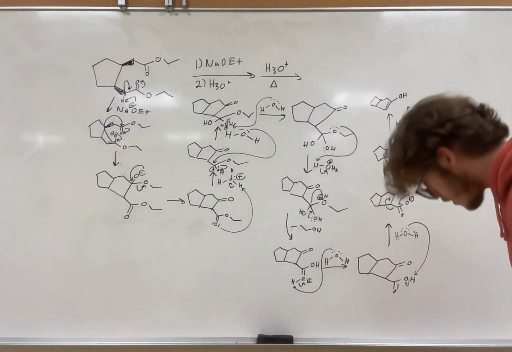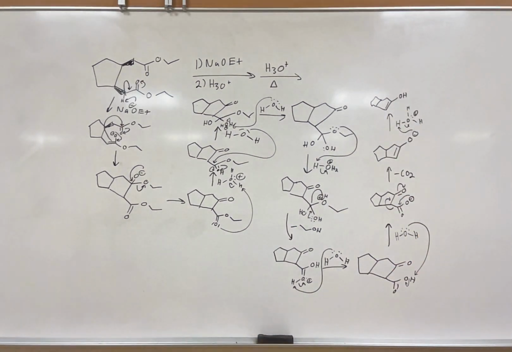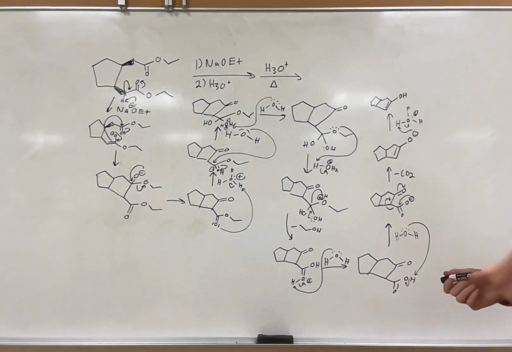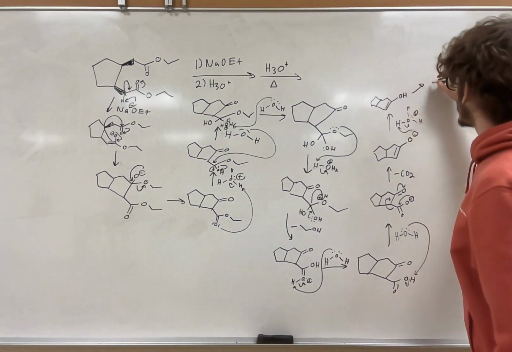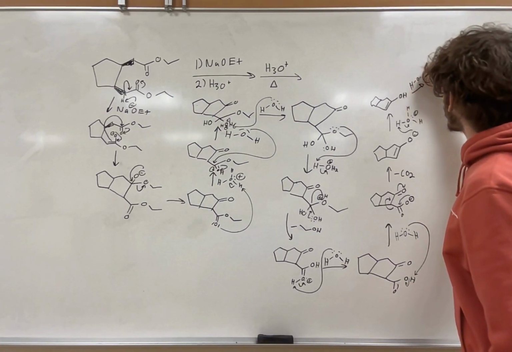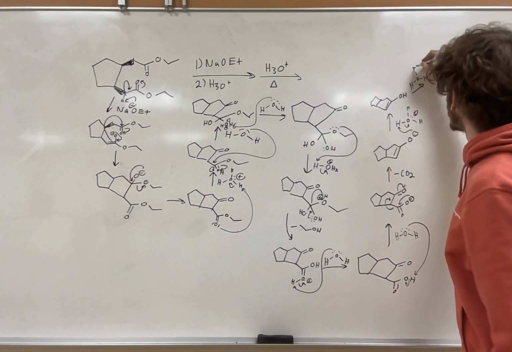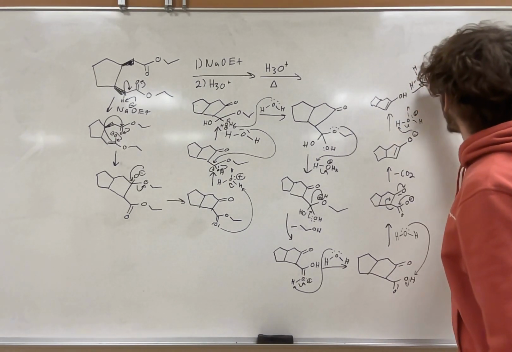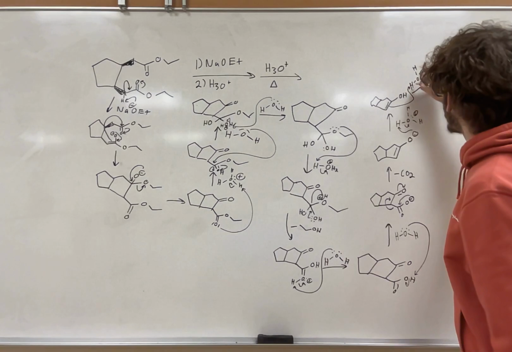And what happens to enols in the presence of acid? Well, they tautomerize. We take our acid, and we are going to have the carbonyl pick that up.